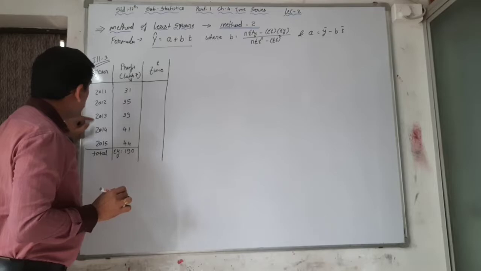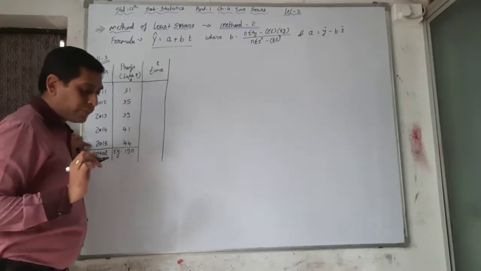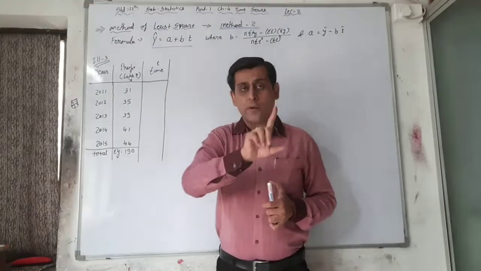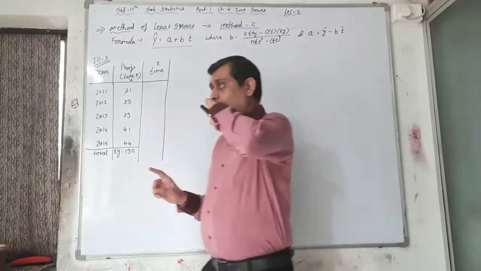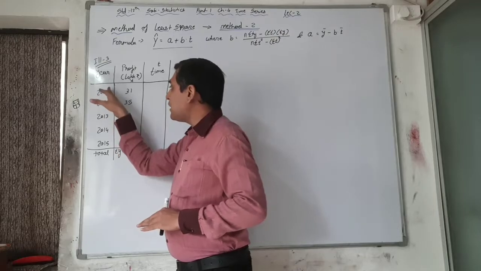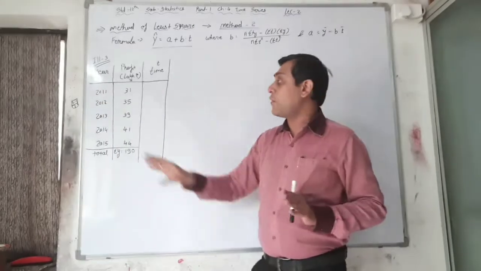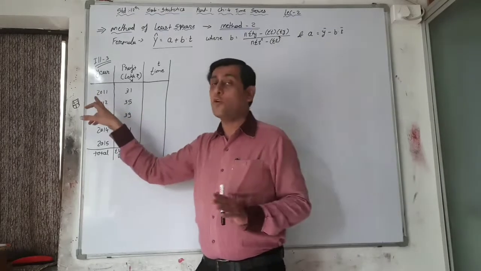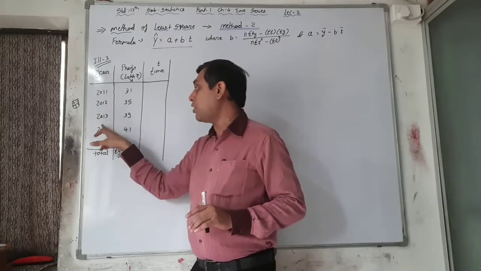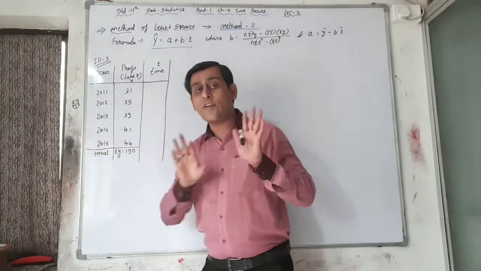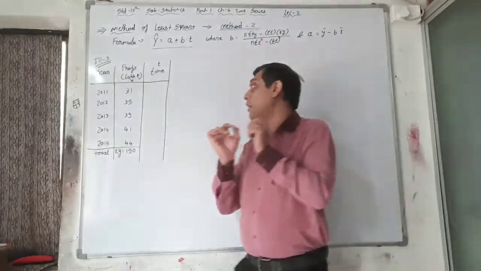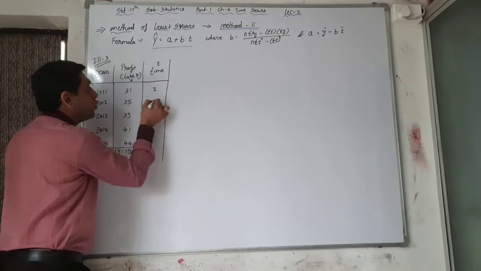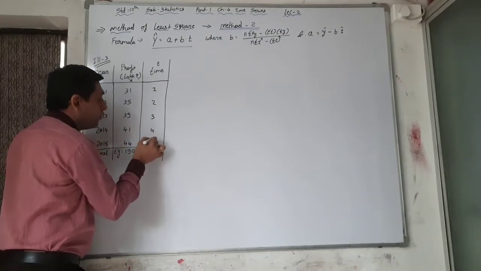It is always 1, 2, 3, 4, 5, 6. Here the difference between two is only 1. But in the data, the difference may be 5 years or 10 years, but the difference is always common. If data is given for 2010, 2020, 30, 40, 50, then on the other hand we have to take time as 1, 2, 3, 4, 5.